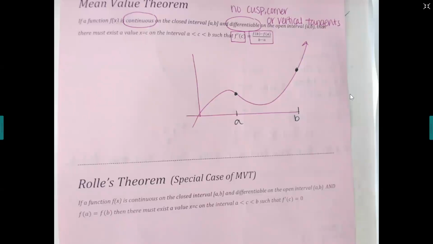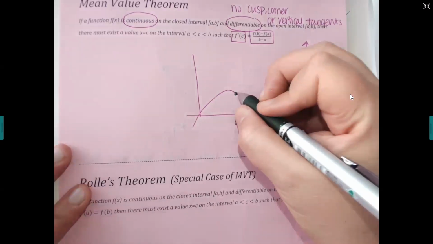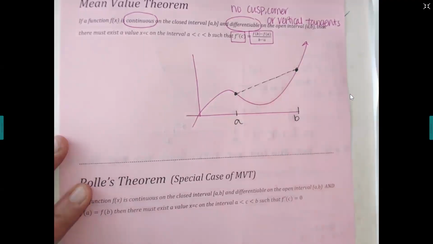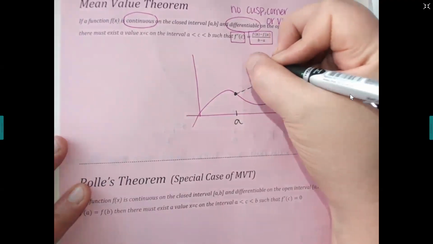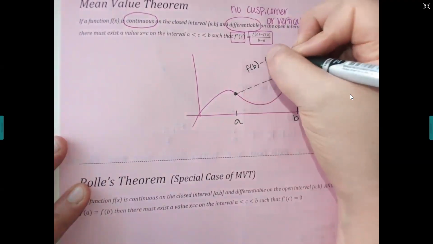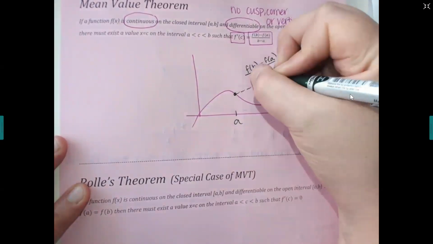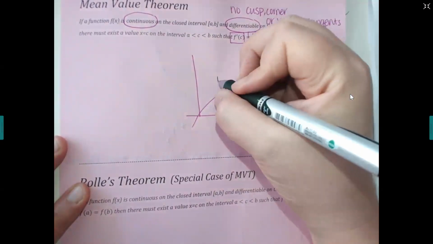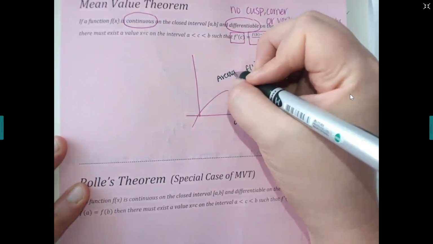F of B minus F of A tells you the average slope from here to here. So I want you to connect those dots just like this. And then I want you to label that as F of B minus F of A over B minus A. That is the average slope.